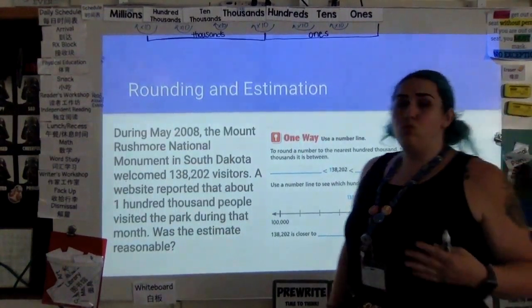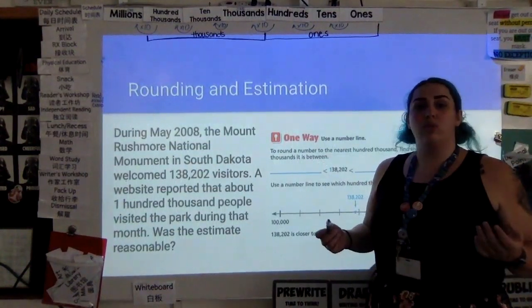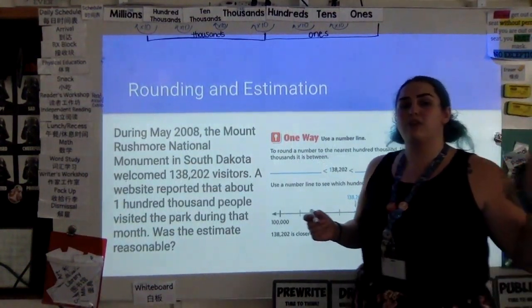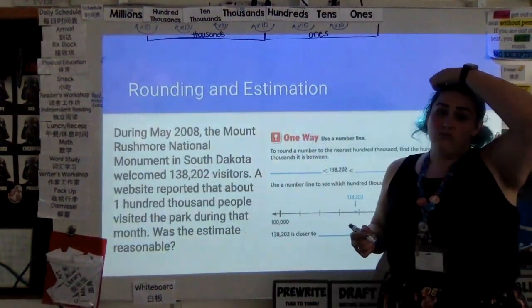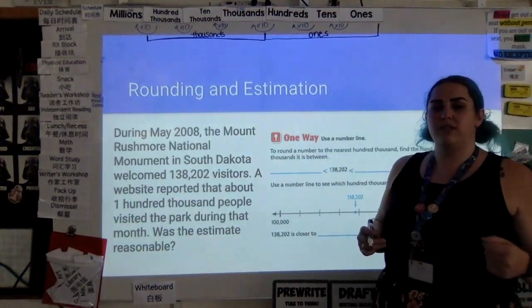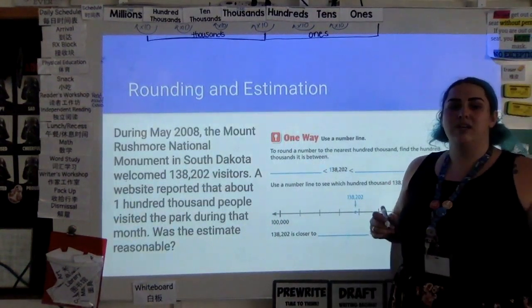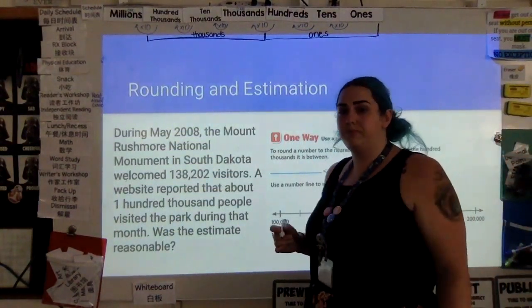During May 2008, the Mount Rushmore National Monument in South Dakota welcomed 138,202 visitors. A website reported that about 100,000 people visited the park during that month. Was the estimate reasonable?